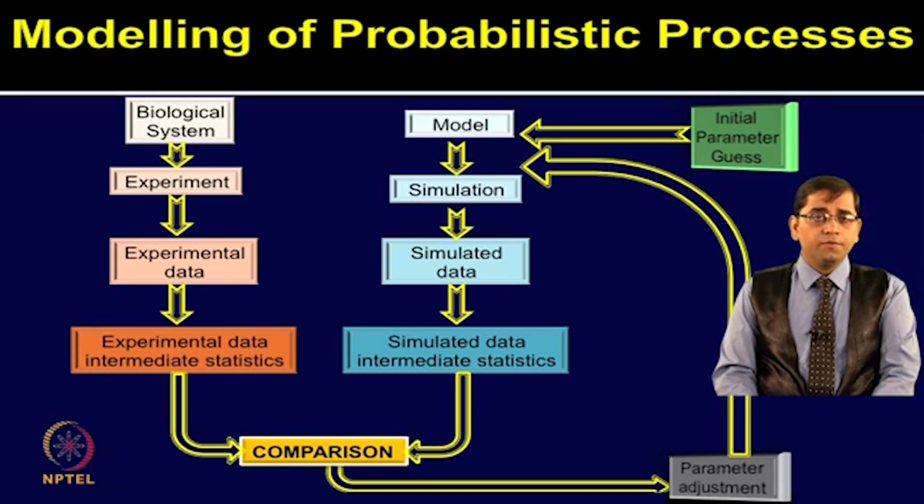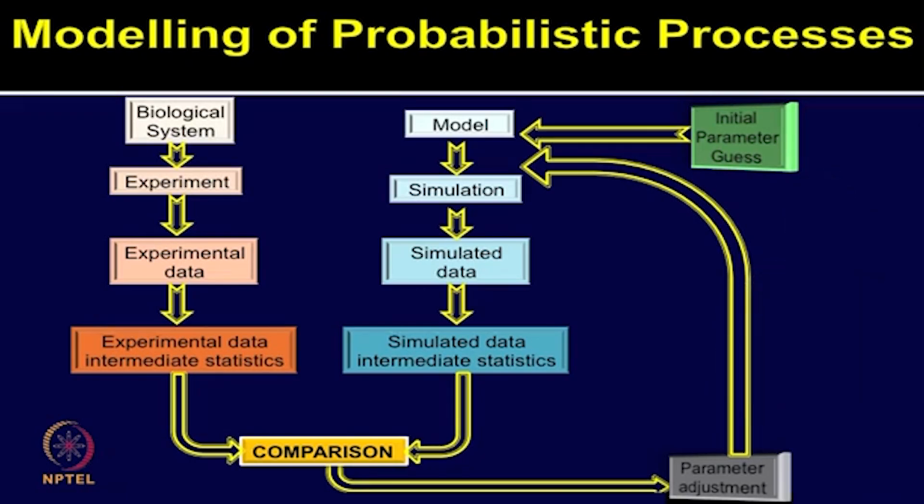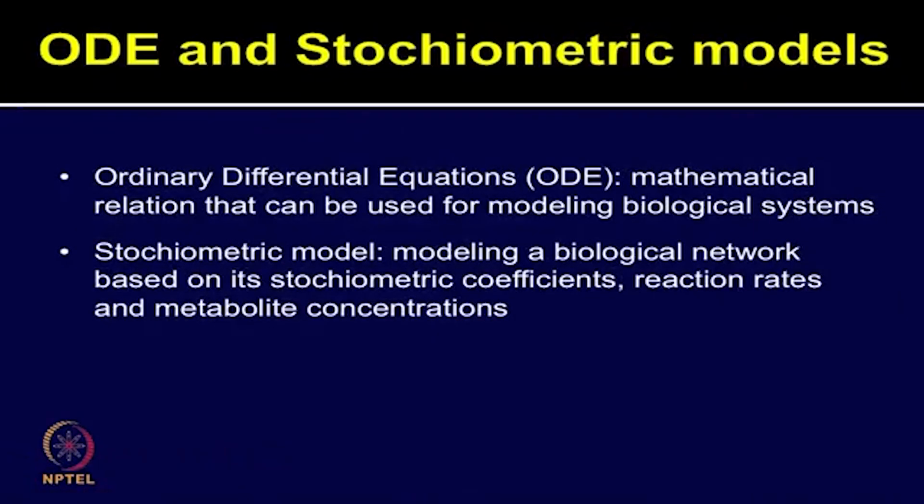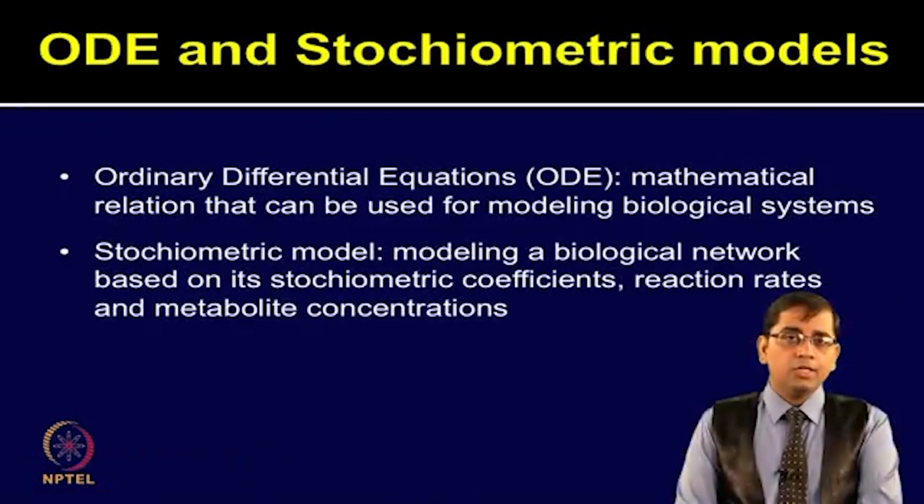Now, different types of models can be generated using simulations and simulation data sets, which can be used for intermediate statistics. By comparing these two types of information and adjusting the parameters, one can study the systems and derive probabilistic processes. What are ordinary differential equations and stoichiometric models?